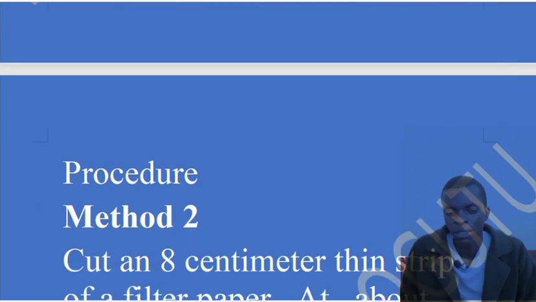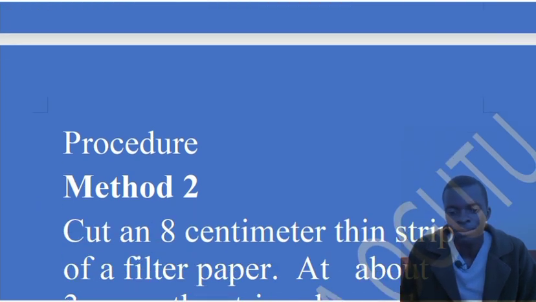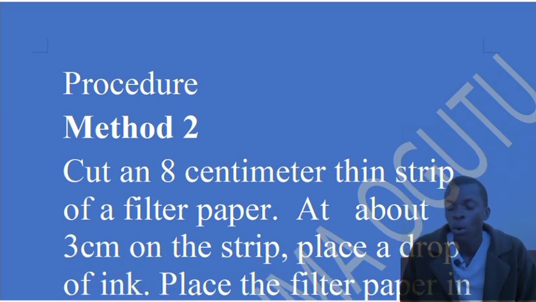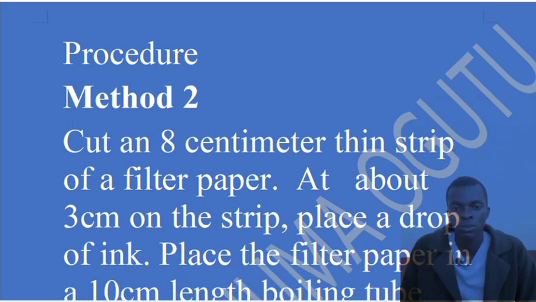So remember, in this experiment we are investigating the colors in ink. In method one, we place filter paper on an empty beaker. We put a drop of either blue or black ink in the center of the filter paper. Then we wait for about 1 minute for the ink drop to spread.